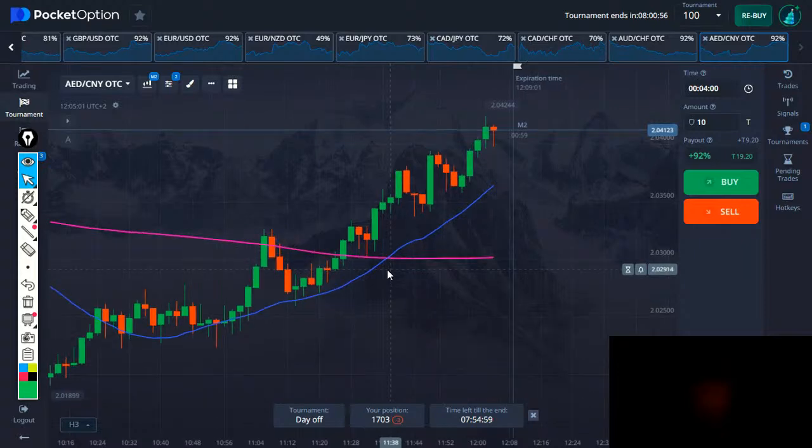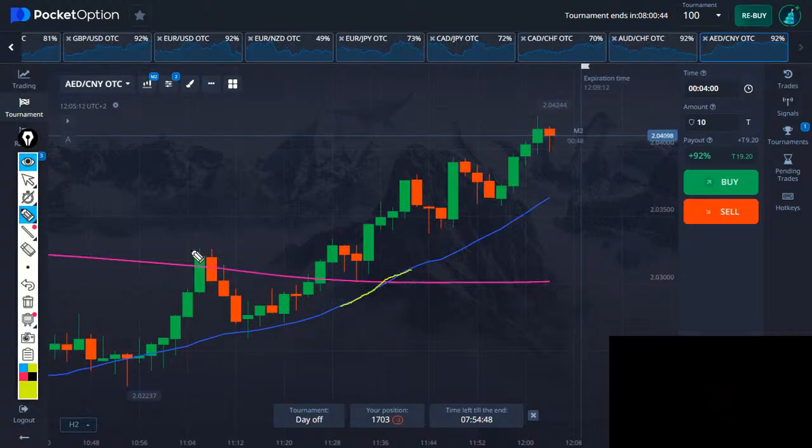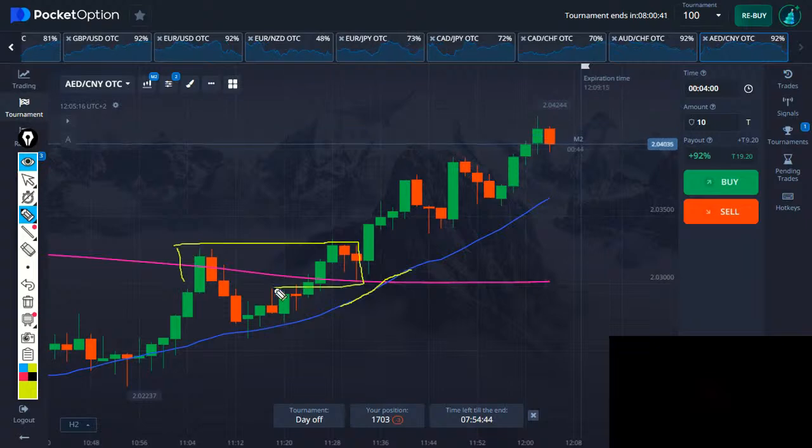So in this case, you see, you had the 20 period moving average going above. This is your zone. This is your swing high. And the strong bullish candle with a large body closed above.